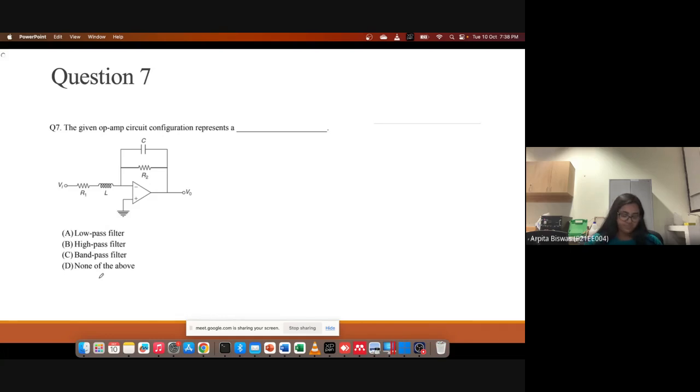See, take two conditions. Okay. First, at omega equal to 0, or low frequency.